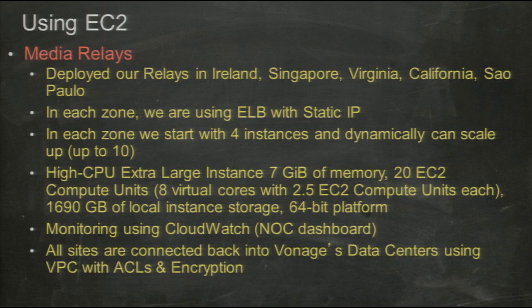And as I mentioned before, everything is connected back into our 4 data centers in the US using VPC. We implemented ACLs and encryption on top of that. So everything is secured and reliable, and by doing that, we can offload some of the traffic to the cloud while still using our centralized locations.